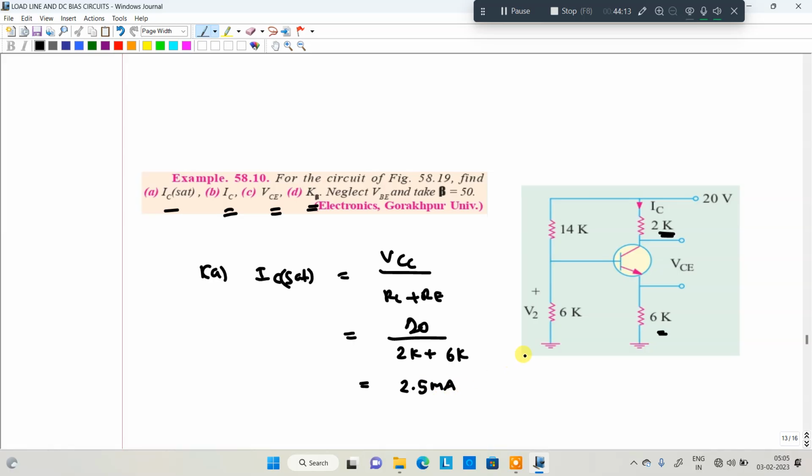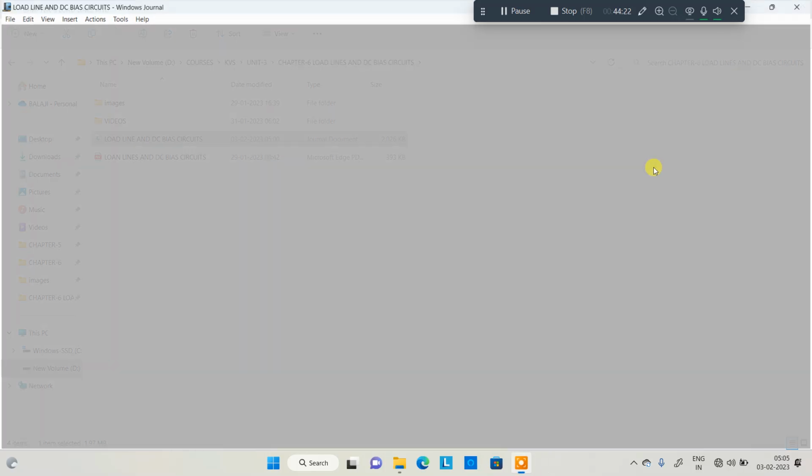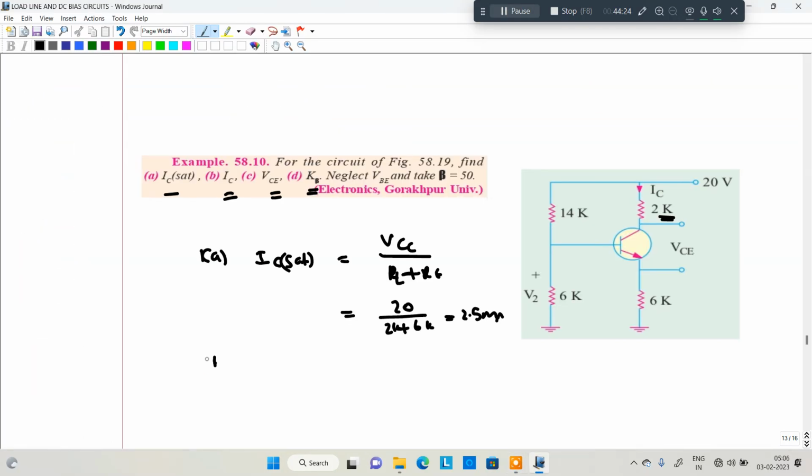Okay. Next, the bias point. IC is approximately equal to IE, that is V2 by RE. Just now I gave the formula. Whenever you are converting to Thevenin's voltage, V2. How do we find V2?